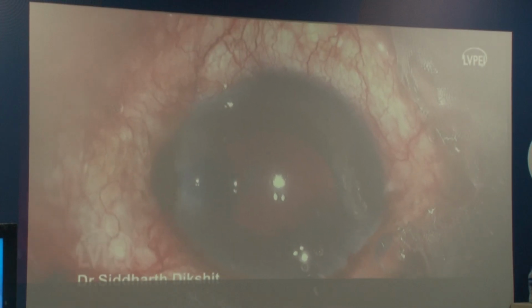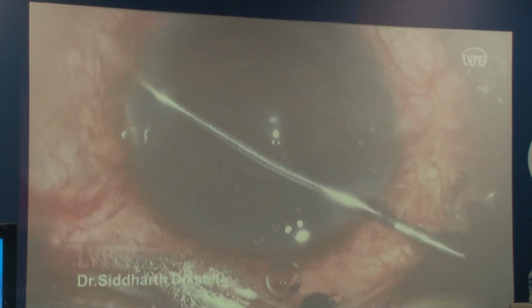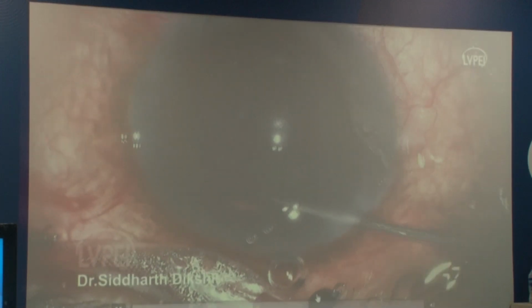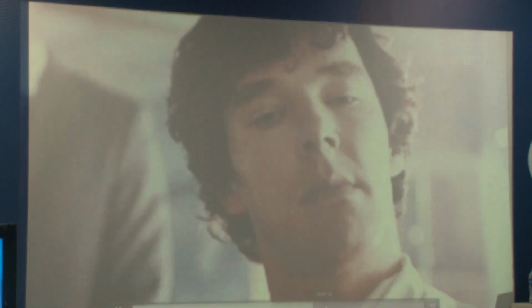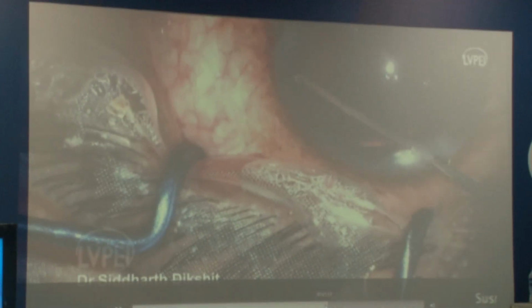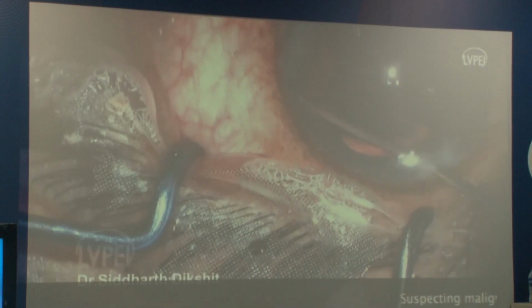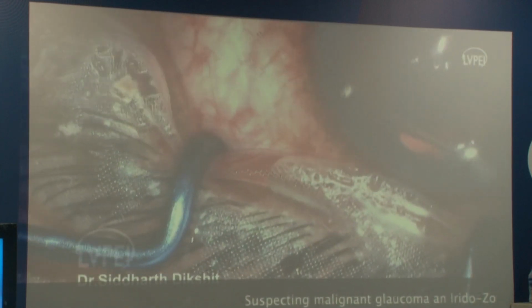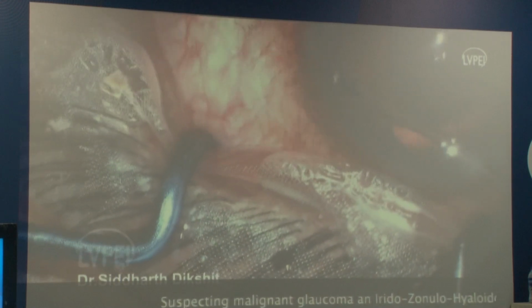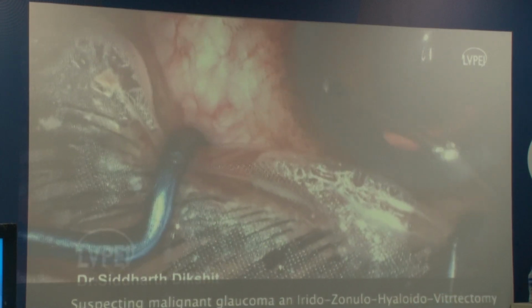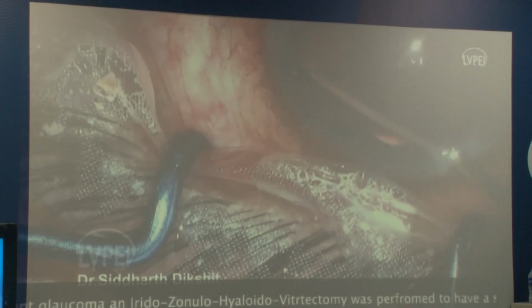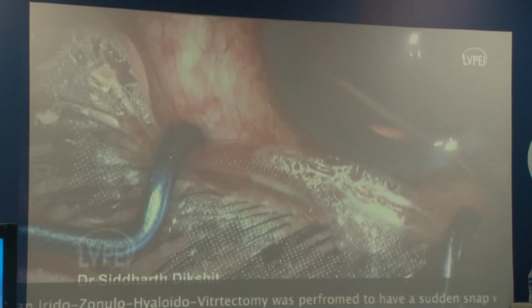When nothing else could help, I proceeded with an IZHV. A 26 gauge Alcon vitrector on the Infinity machine was used to create an iridectomy first, then to eat the capsule or zonules, whichever lay in the periphery, till the point when there was a sudden deepening of the anterior chamber, and everything then became easy.